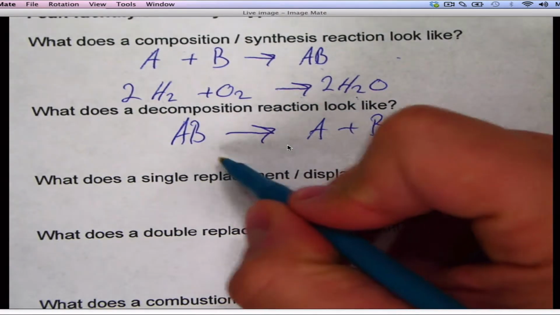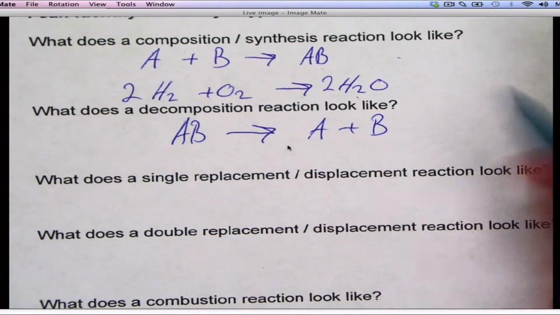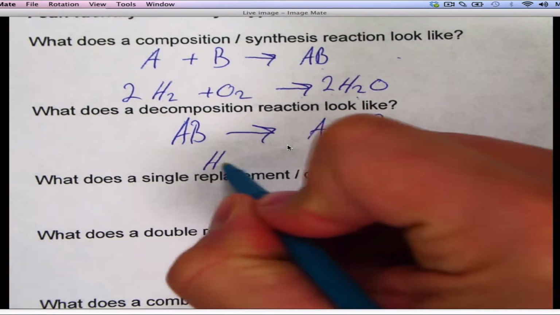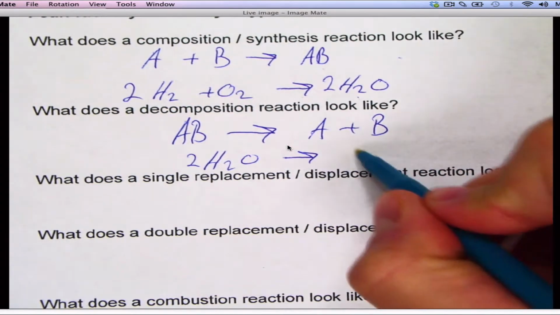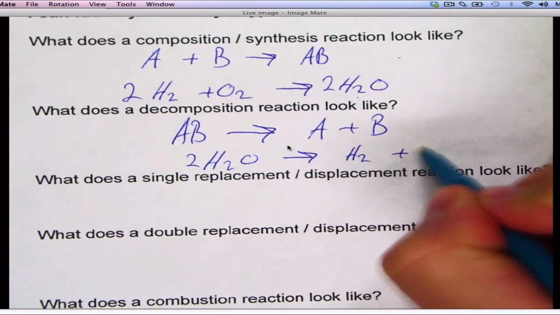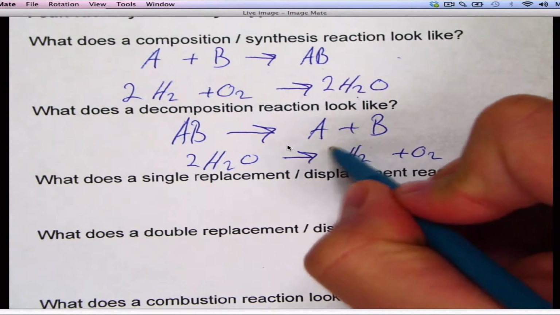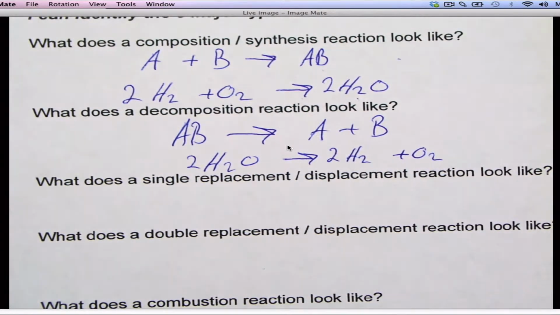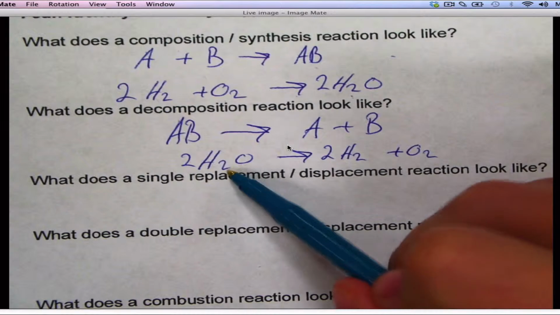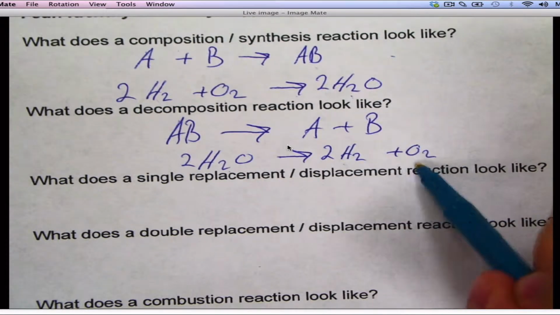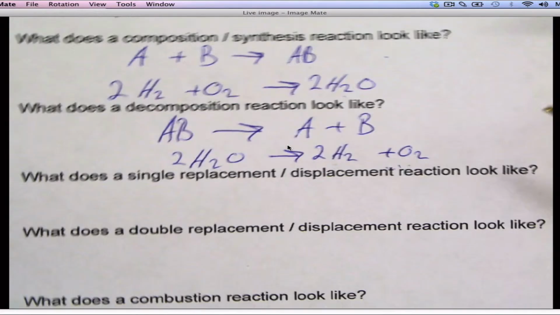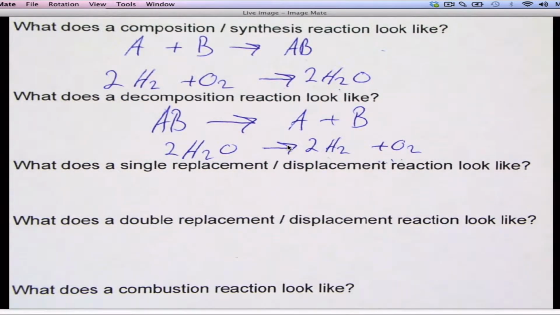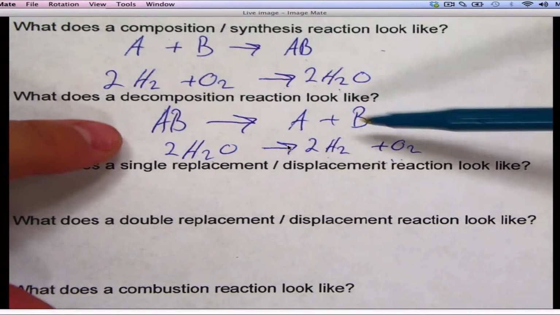So like an example of a reaction that would happen, you could run electric current through water and you could break it down into its hydrogen and oxygen counterparts. All right, so now we just switch that reaction around. Here's my compound, here's the parts that it made, so I decomposed it, I broke it down. So look for those for decomposition reaction.